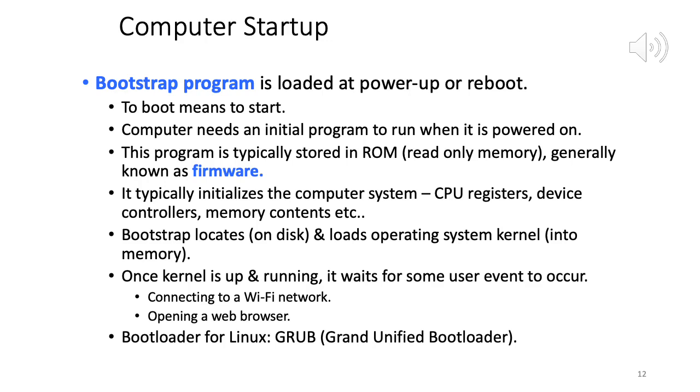So what it will do is now locate the OS and then load it into main memory. Because we know that any program that has to be executed, it has to be brought into the main memory for execution. You can't execute directly from disk. Okay. So locate the OS, load it onto the main memory, and now the OS is up and running.